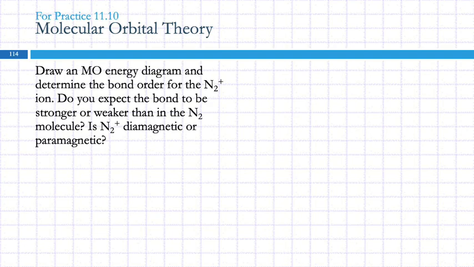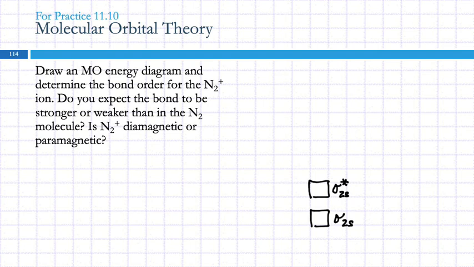Okay, so let's see. This is the kind of question that you could have on an exam, except I'll give you the diagram to fill in. Okay? So note to self, just put the diagram in here so you don't have to draw it every time. So that's sigma 2s star, and this is sigma 2s.